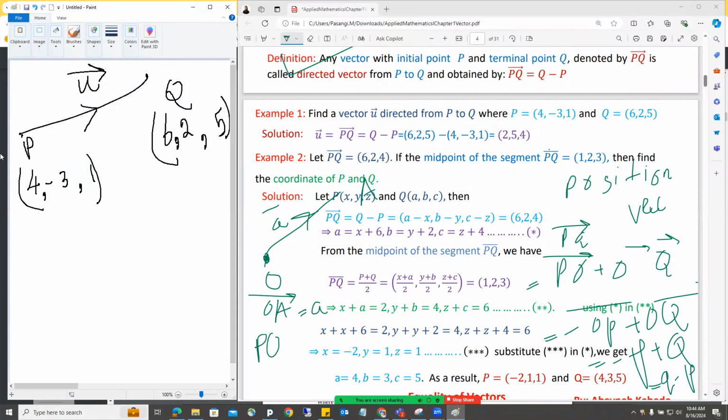We need to calculate the PQ vector. So we need to start with the origin. With the support of the origin, we can write this PQ vector as PO plus OQ.